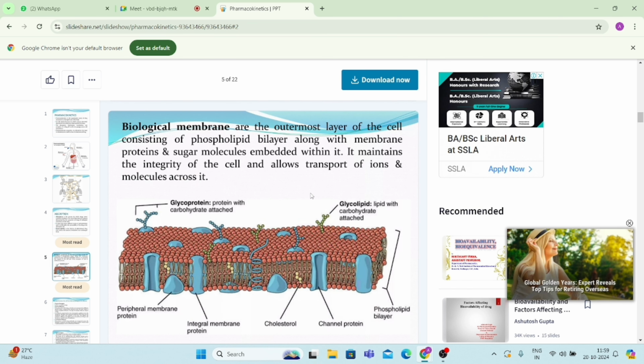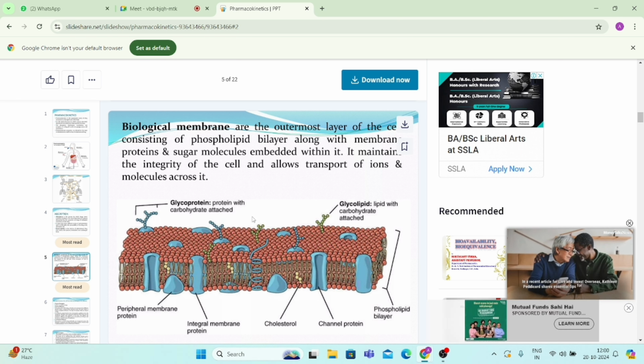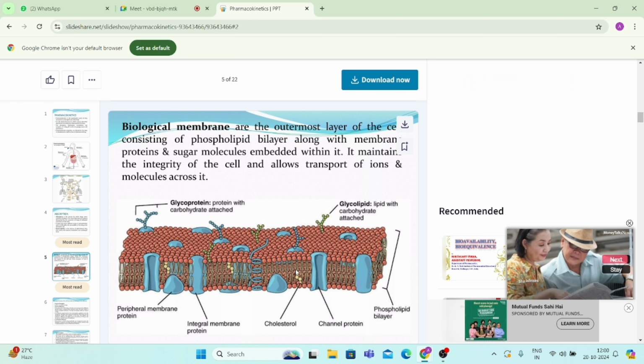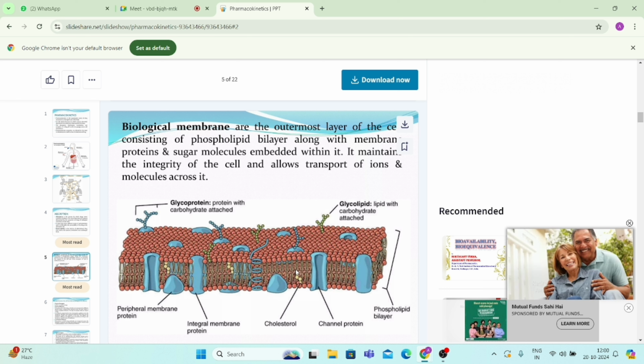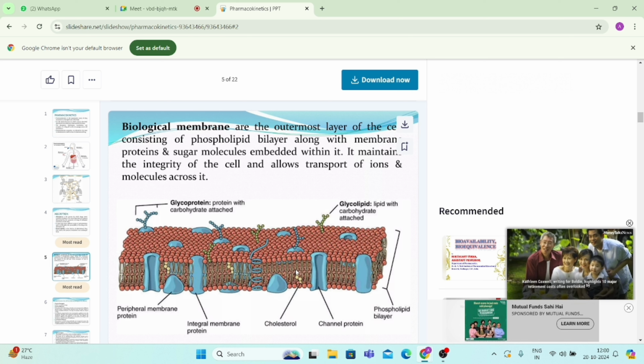Here you can see the picture of the plasma membrane, and the plasma membrane will have different proteins, which we call surface proteins. On the surface you will also find proteins like glycoproteins or glycolipids. This plasma membrane has two sides: one side is more permeable to water, and the other side is not permeable to water.